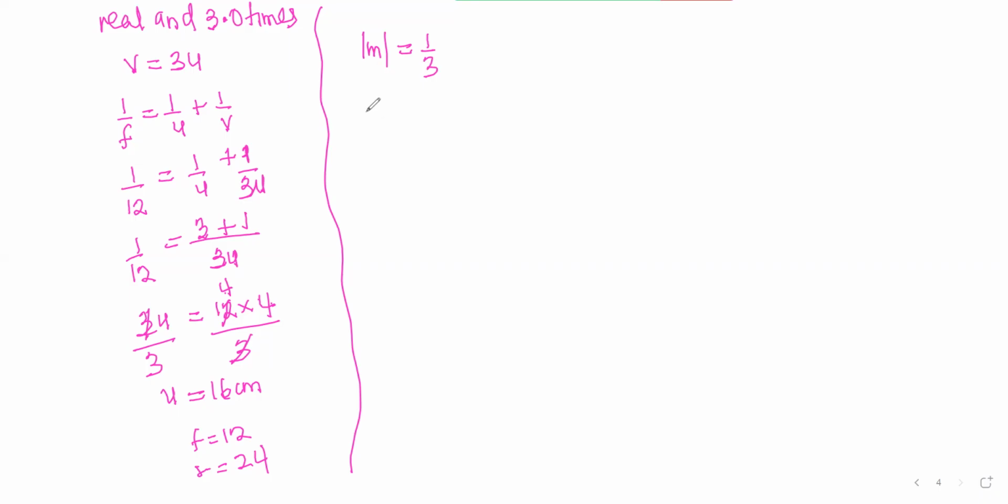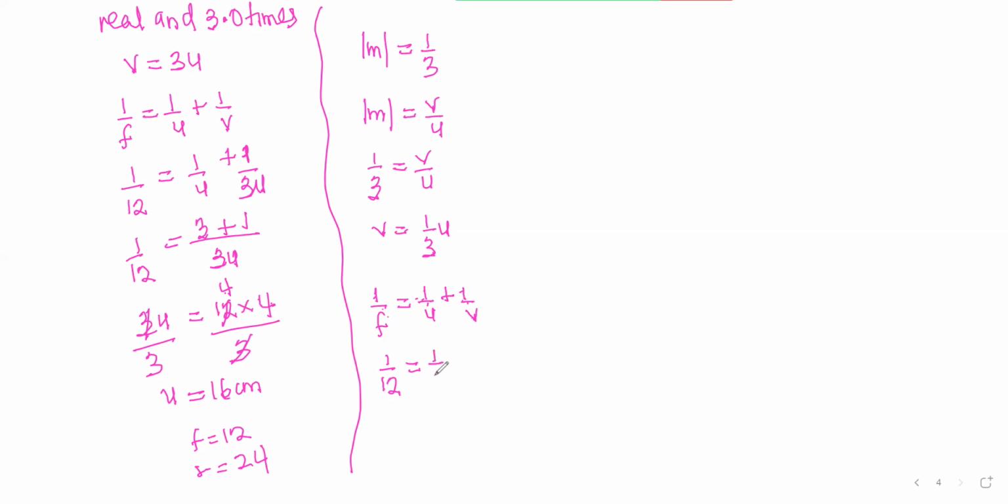So V on U, this time this is 1/3 is equal to V on U. It means V is equal to 1/3 U. 1/F is equal to 1/U plus 1/V. 1/12, we are using RP and the image is real. Concave mirror, F is positive.